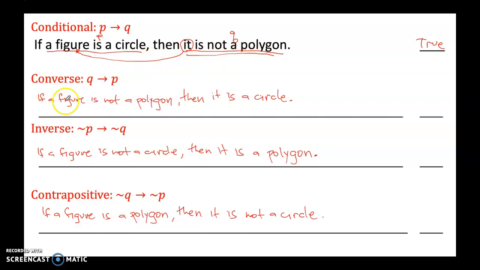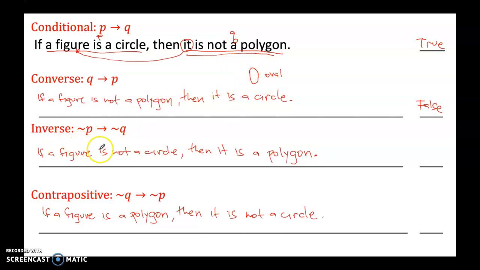For the converse, if a figure is not a polygon, then it is a circle. That is said to be a false statement because we can have an oval as our counterexample. An oval is also not a polygon.